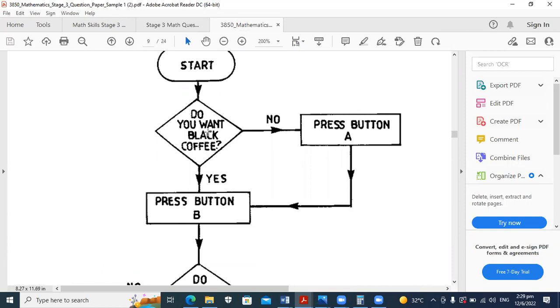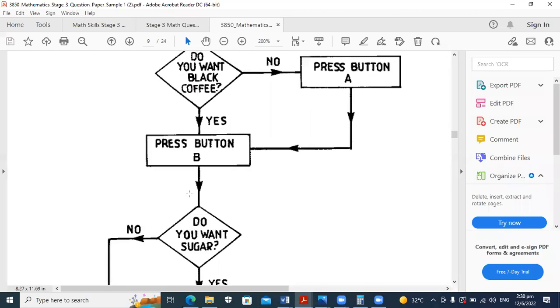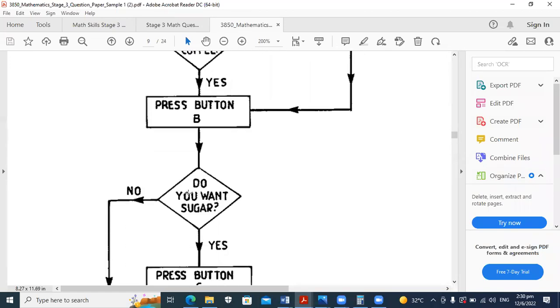And then it asks us, do you want black coffee? No. If it is no, you press button A. If it is black coffee, it will go down. So if it's not black coffee, it has to be white coffee. So you press A. When you press A, it goes to this section here, comes down, and it says, do you want sugar?